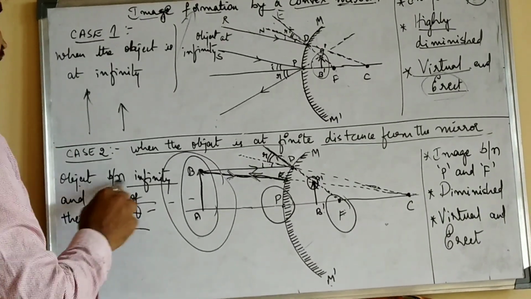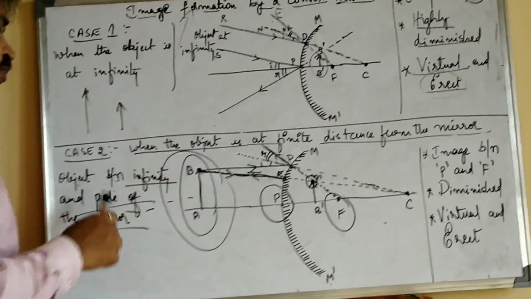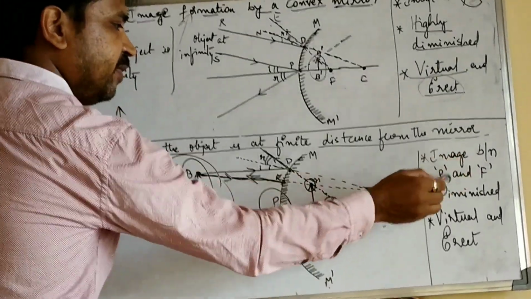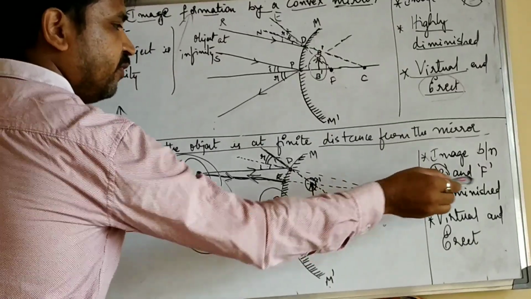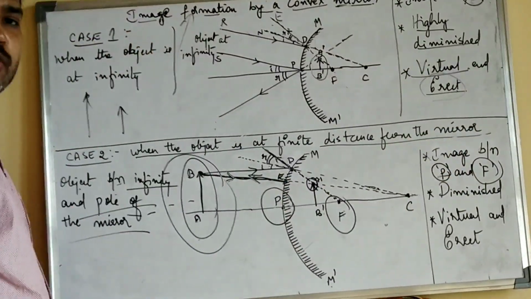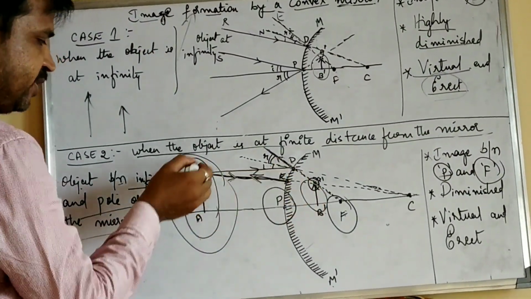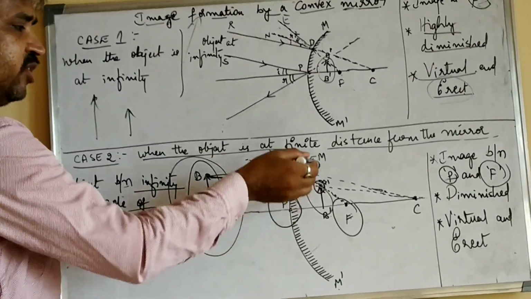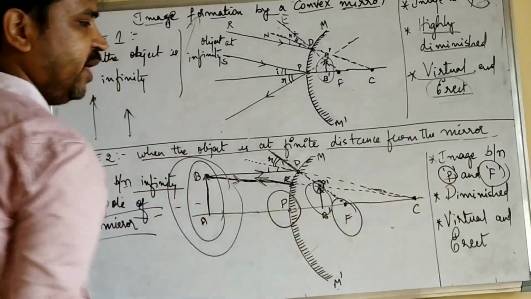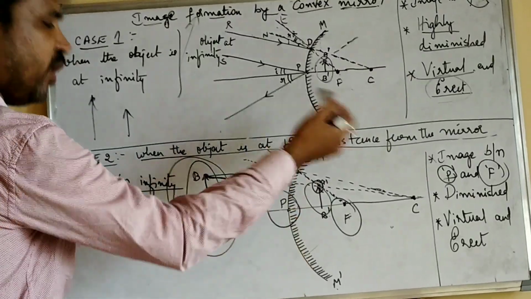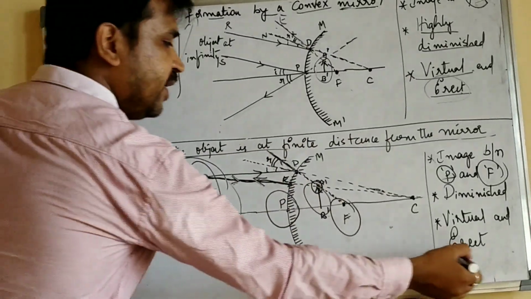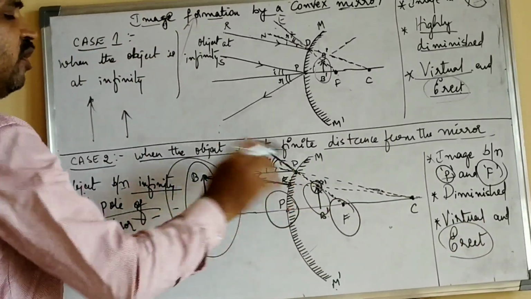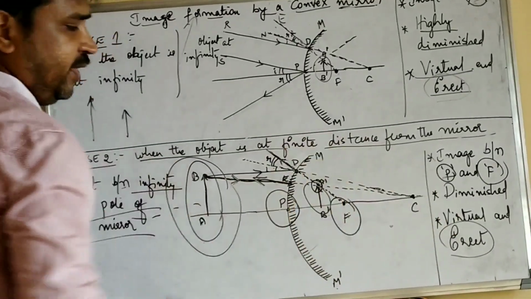When the object is between infinity and the pole of the mirror, the image is formed between the pole of the mirror and principal focus. The image is diminished, you can see here. The object is large, the image is small, so the image is diminished. And of course the image is virtual and it is erect. You can see here, it is non-inverted or erect.